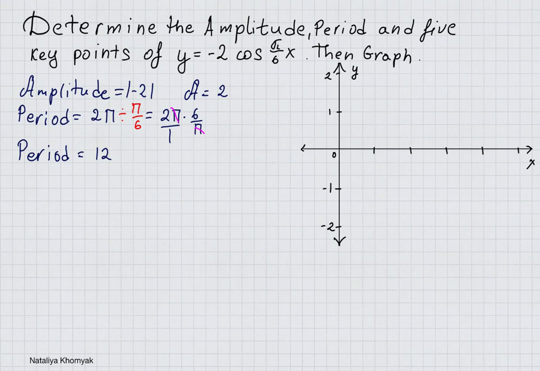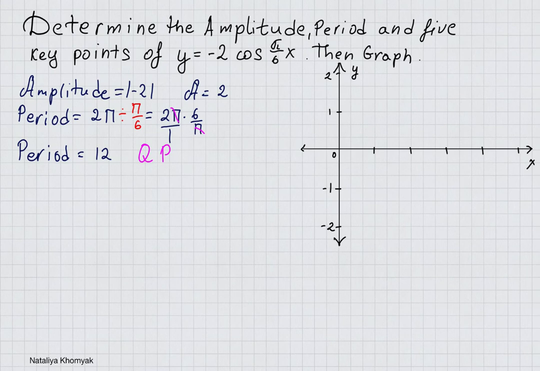While I'm here, I'm going to calculate a quarter of the period, which is instrumental in calculating the 5 key points. Remember, you can only have whole values for cosine at 0, 90, 180, 270, and 360 degrees, or 0, pi over 2, pi, 3 pi over 2, and 2 pi radians.